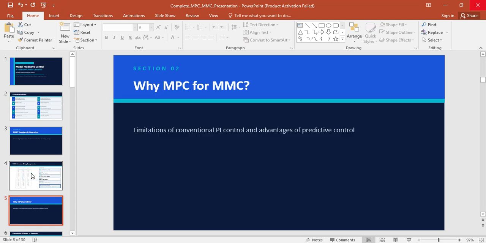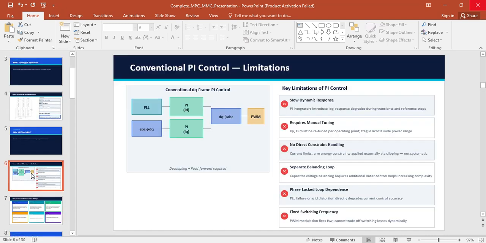Next, it is very important to discuss why we are choosing MPC, model predictive control, what the limitations of the conventional PI controller are, and what the advantages of model predictive control are.